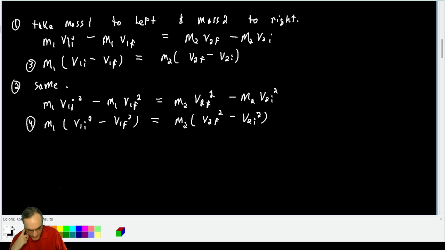And here is the trick. Here is the thing that gets rid of the quadratic. This is the thing you've got to remember. Take equation 4 and divide it by equation 3.